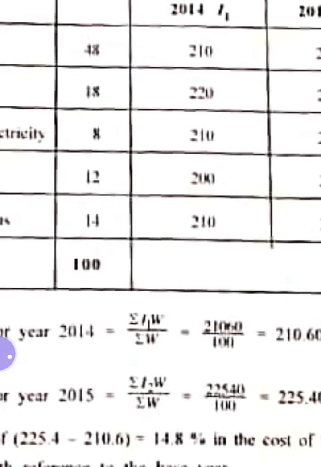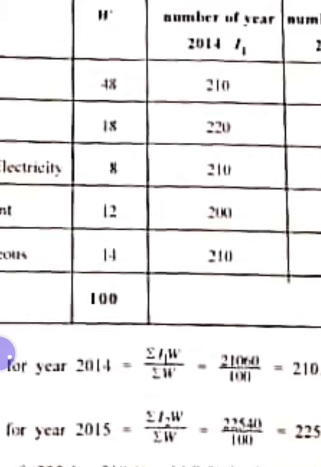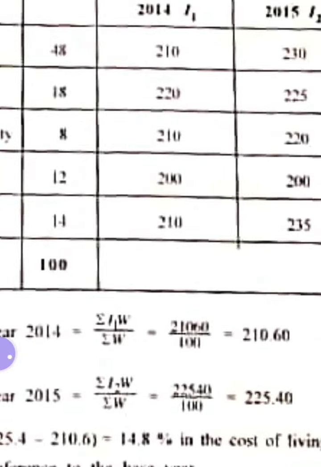So we are going to find the index number for 2014 and 2015 separately. For 2014, as it is the base year, the index number would be sigma I1W upon sigma W. Sigma I1W we just calculated is 21,060, divided by the total of the weights, which is 100, so you will get 210.60.